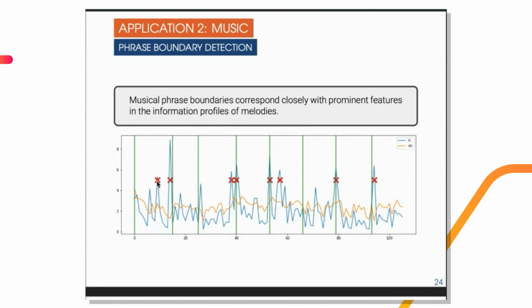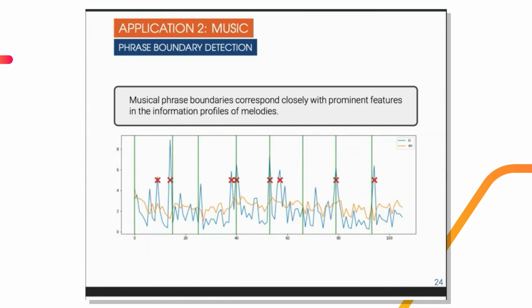These red crosses represent the segments that drop out when you just use a certain threshold on these information content peaks. As you can see, it's not perfect. Some of these phrase boundaries are captured by peaks in information content, and some of them are very close. And there are other ones which don't seem to correspond with phrase boundaries at all.